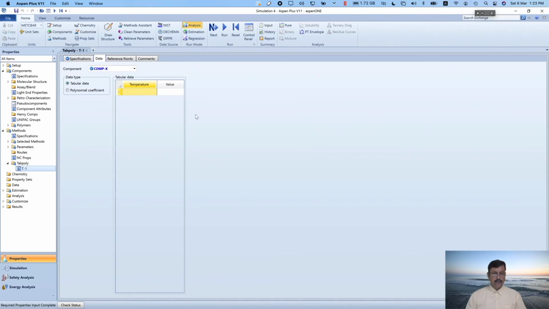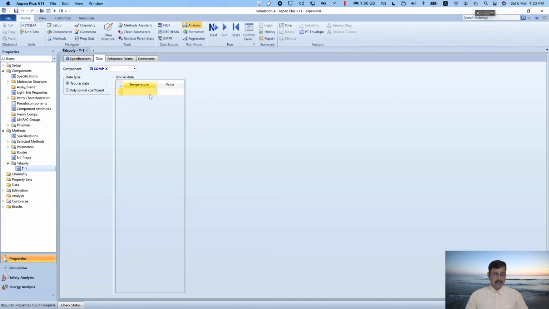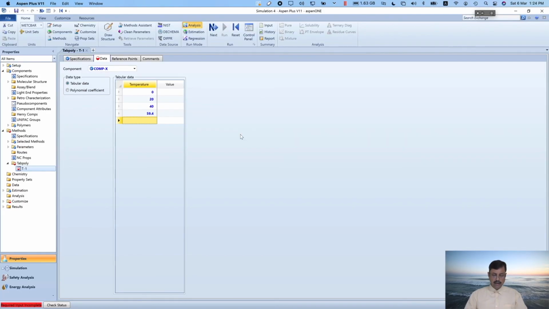So let us go and check the data. We have temperatures at 0, 20, 40, 59.4, 100, 160.